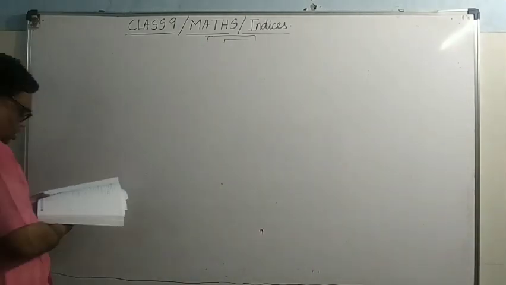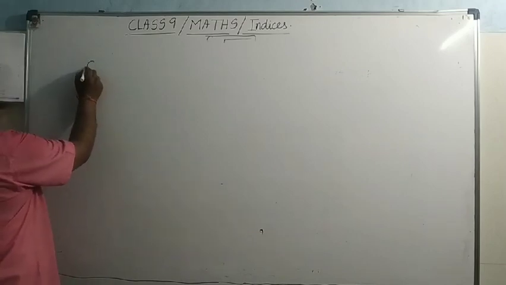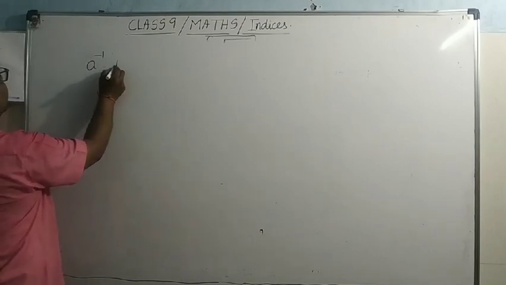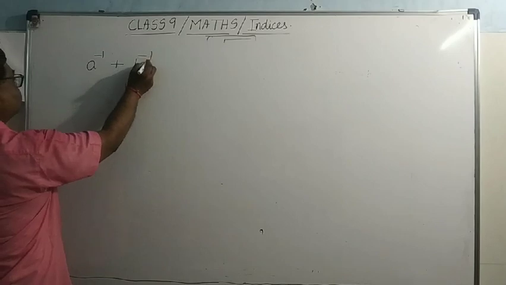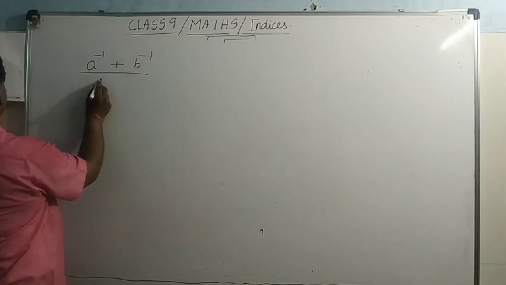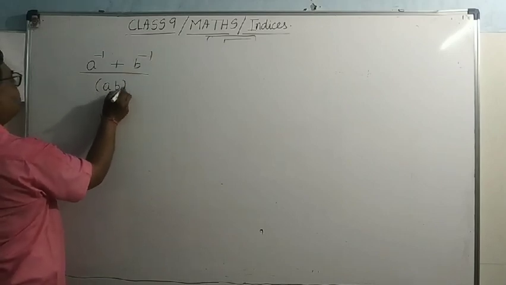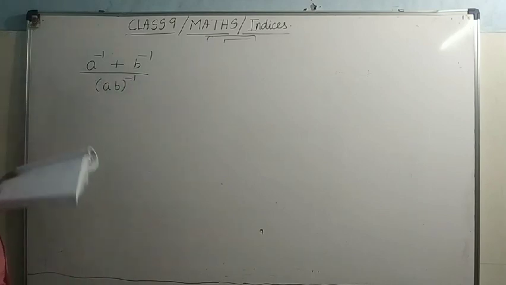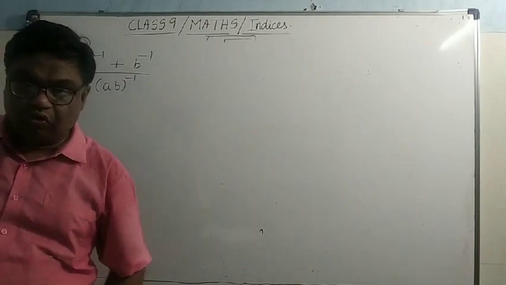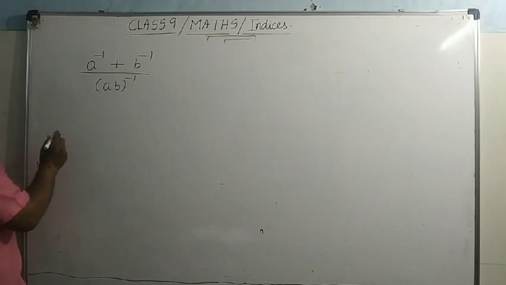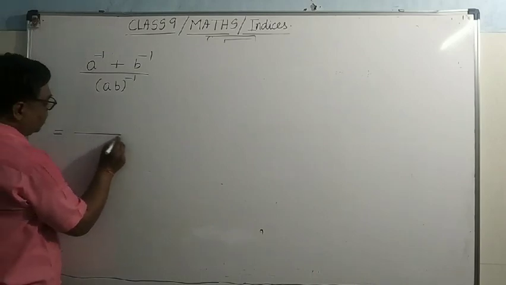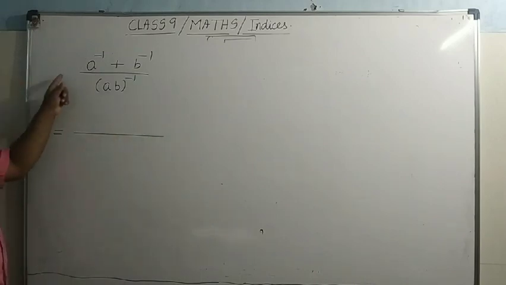So you can see here (a to the power minus 1 plus b to the power minus 1) upon ab, whole to the power minus 1. It's clear? Now you have to simplify. So here you put an equal sign and then this line.